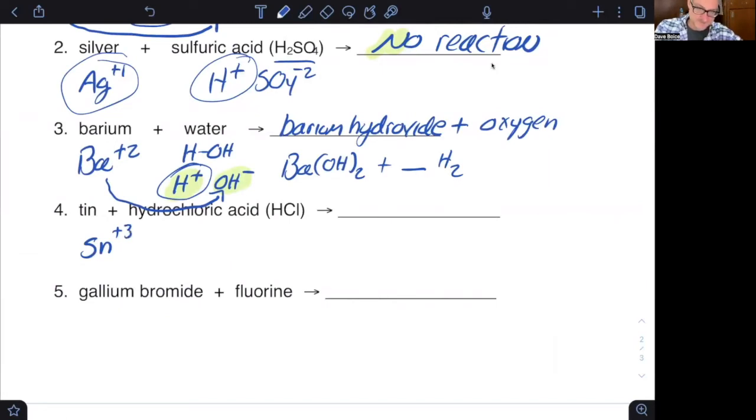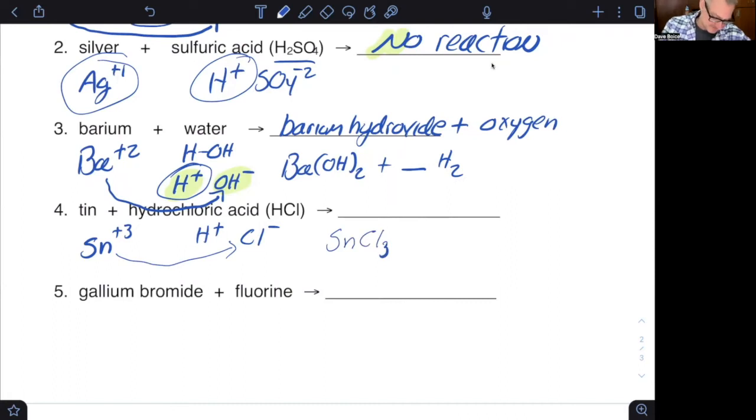Okay. Hydrochloric acid, this is going to break up into hydrogen and chlorine. And once it has a charge, it's now chloride. Okay. And I'm going to look at my reactivity chart. I'm not going to pull it this time. I'm just going to take a quick look at it, make sure I'm right. And tin is above hydrogen. It's about 2 steps above it. So this will work. So Sn +3 and Cl, I'm going to need 3 Cls. If I was writing this as a formula, I would write it like that.